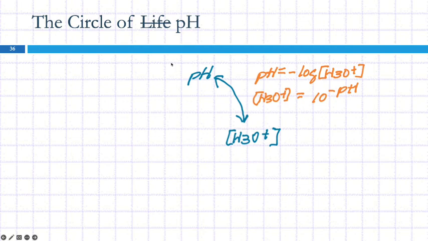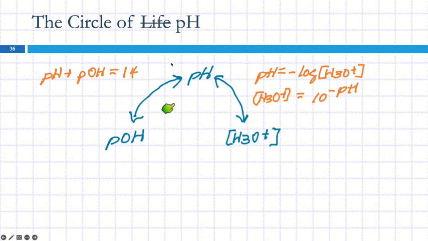Well, we just learned that pH and pOH are related to each other, rather simply, in fact. pH plus pOH equals 14. So it's pretty easy to go back and forth between those two.